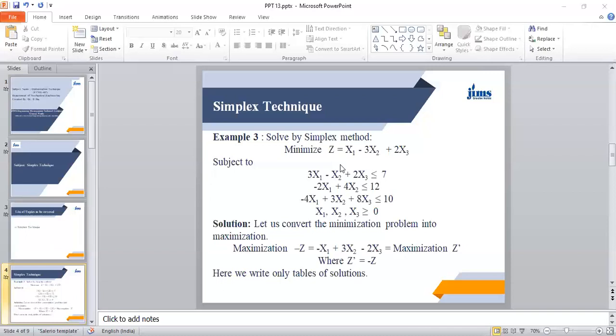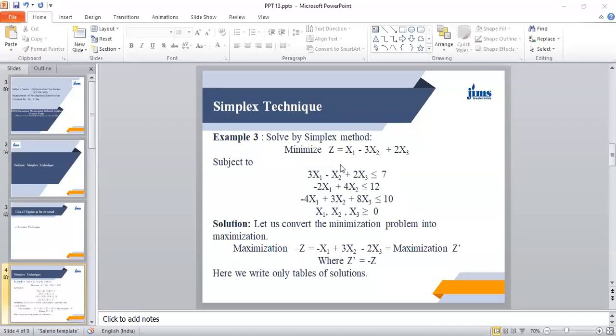So what we do is change the problem of minimization into maximization by multiplying both sides of the objective function with minus 1. So this minimize z will become maximize minus z, which will be equal to minus x1 plus 3x2 minus 2x3.